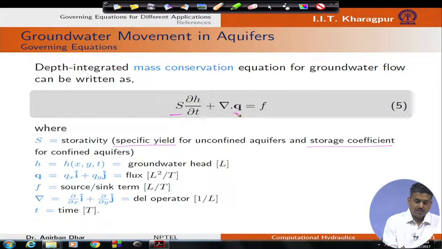Q is the Darcy discharge and F is the source or sink term. So, the change in groundwater head can be represented using this mass conservation equation.